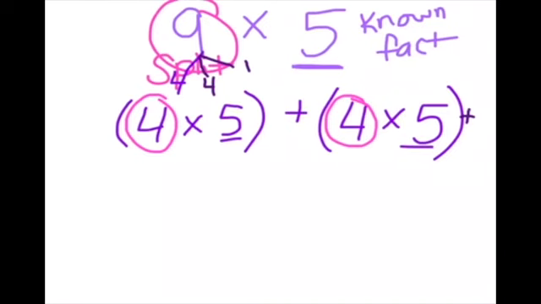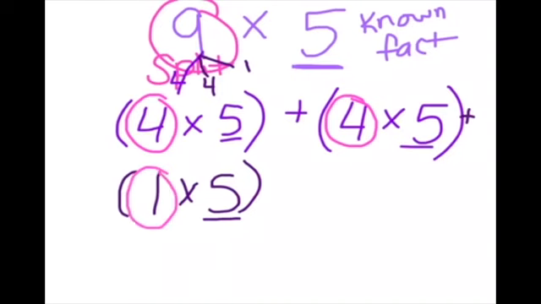So there's only one left over. So that means I need to do a 1 times 5. Remember, the 5 stays the same in each problem. And then the other factor, 4 plus 4 plus 1 makes 9. And we know 1 times 5 is 5.